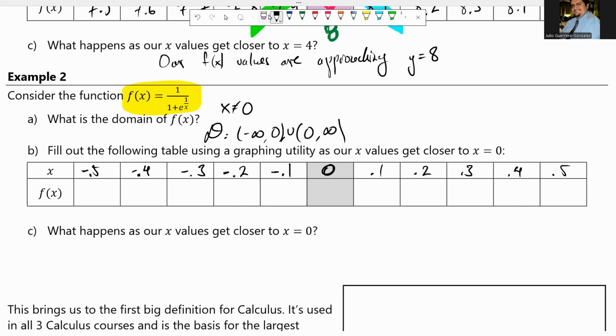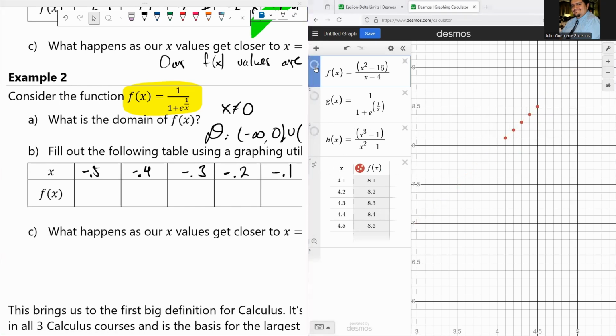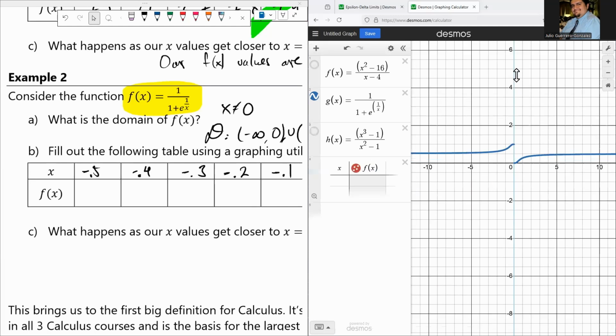And what we're going to do is look at what's happening to our y values. Again, I'm going to let Desmos do a fair amount of my thinking here. I'm going to turn this one off. I'm going to erase the x values from the previous table, and I'm going to go g of x. I'm going to turn the new one on. For this one, I've got to zoom out a little bit and arrange a little bit, so stay tuned.